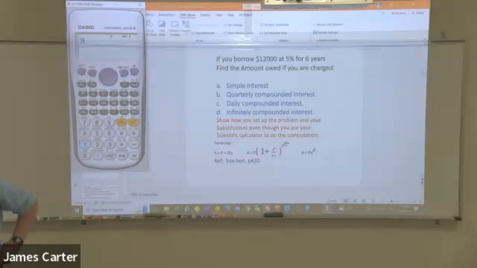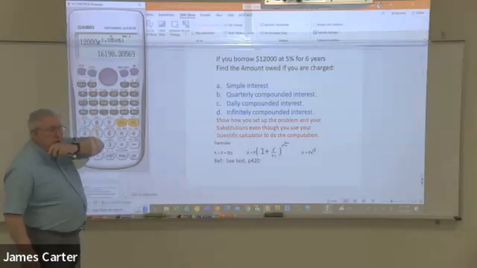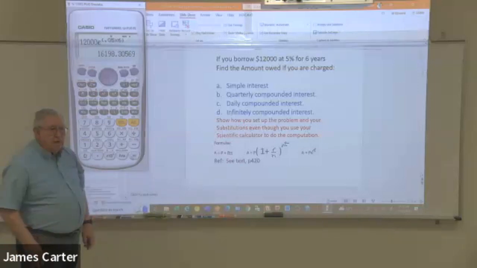Let's start that over. 12,000 times E to the power of, parentheses. Okay, the interest rate 0.05 times 6 years, close it up, equals. Now, this time there is only a very little difference between doing it daily and doing it this way. But it did save just a little bit more, okay?